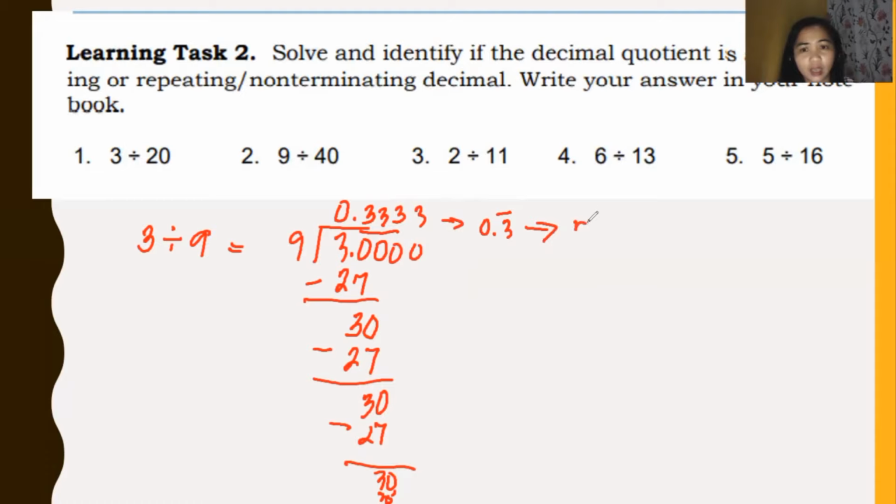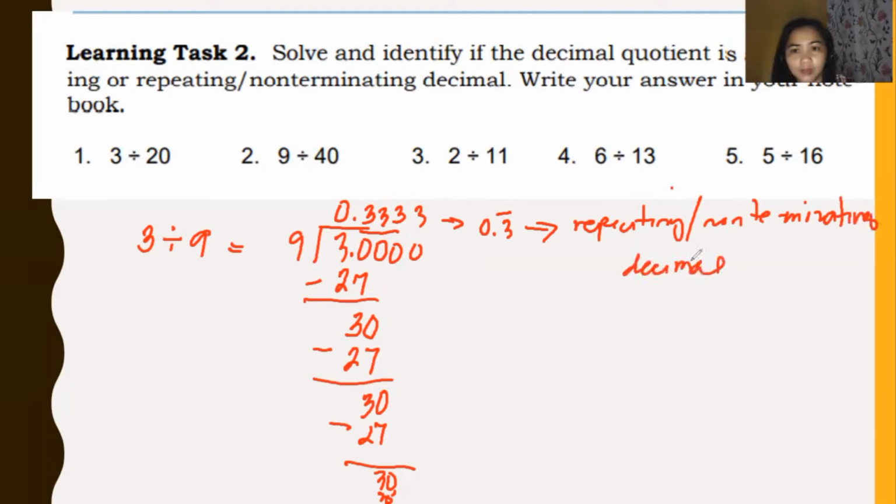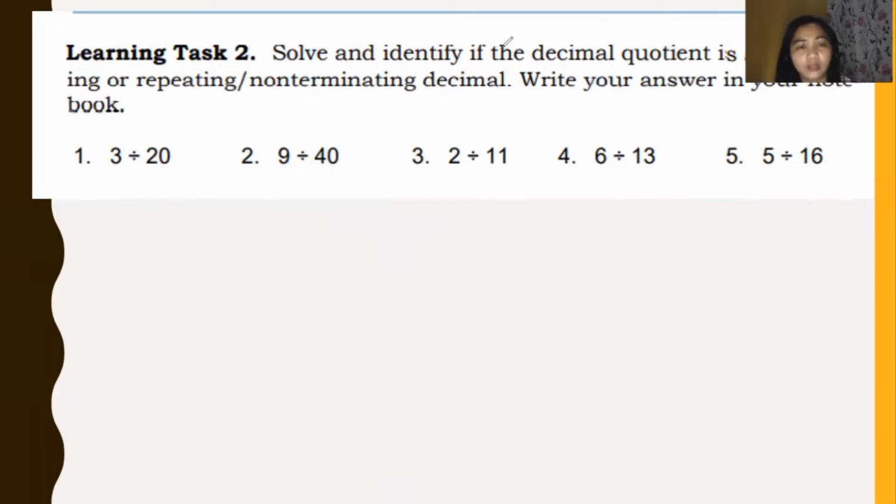This is a repeating and non-terminating decimal. So, para makuha mo yung sagot dito, di-divide mo muna and then identify mo kung yung nakuha mong quotient ay repeating or non-terminating or terminating decimal.